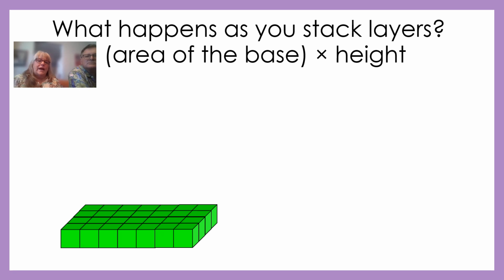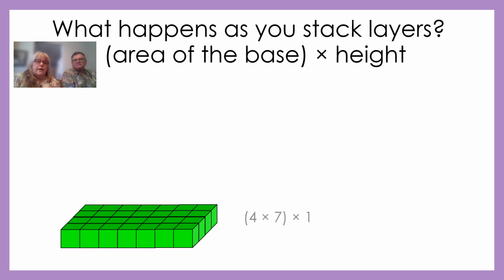So as we stack layers, we have the area of the base times the height. To get the area of the base, we're going to multiply length times width. So if I had that centimeter graph paper on the bottom, the length times width would be 4 groups of 7, or 4 times 7, which would be in 5th grade a total of 28 square units.